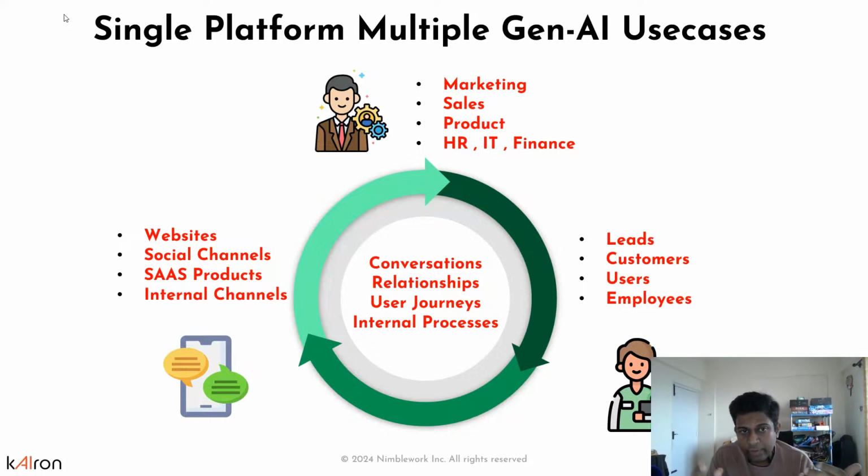So today we're going to focus on websites because that is where chatbots exist. But Chiron is capable of deploying chatbots on social media channels, within SaaS products, on internal channels, and essentially it helps manage conversations better. It helps manage relationships better. It helps track user journeys to improve the smoothness of a SaaS product, and it also makes internal processes more efficient. So that is the crux of what Chiron helps achieve, right?